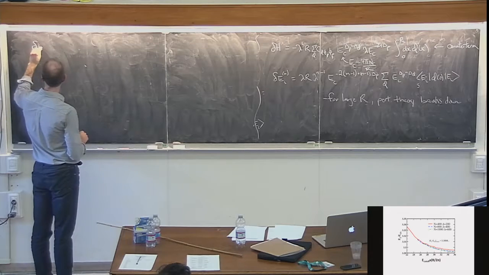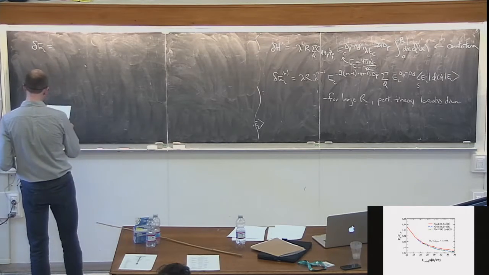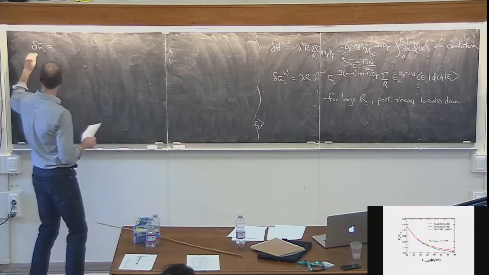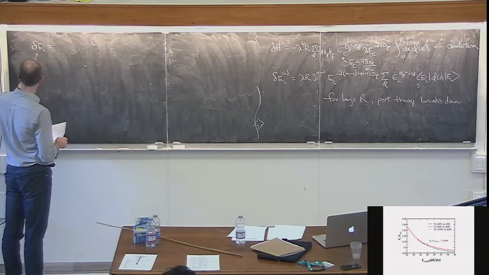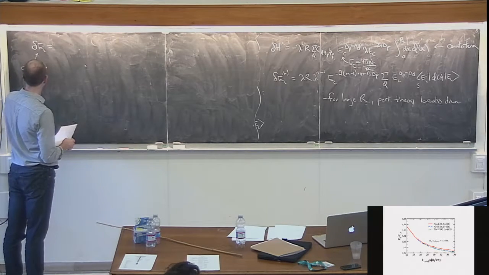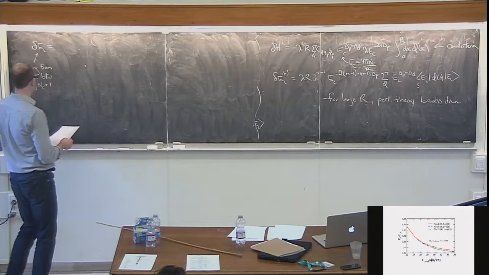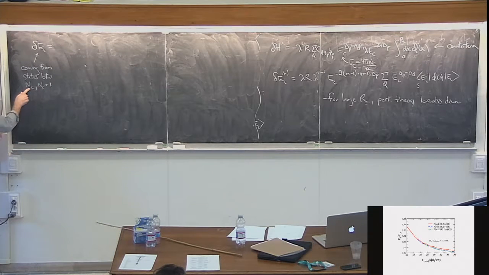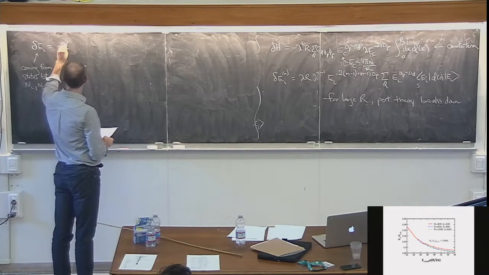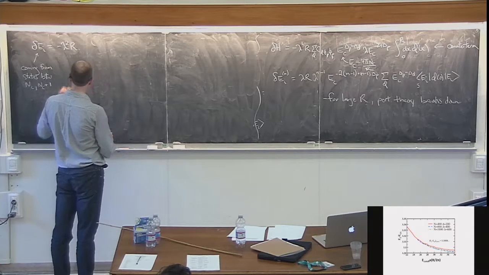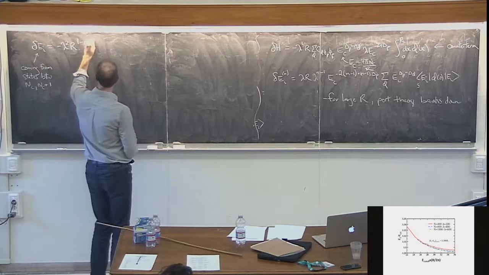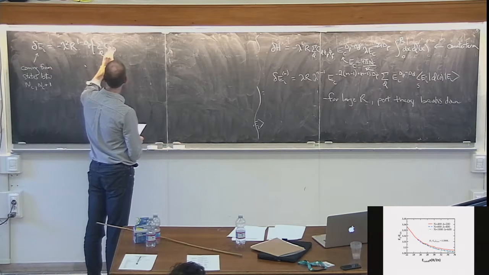Now you can imagine just computing the energy correction coming from the states between one dimensionless cutoff and the cutoff increased by 1.